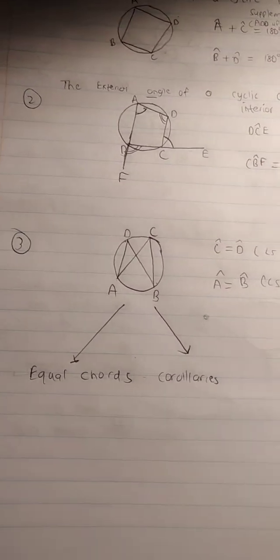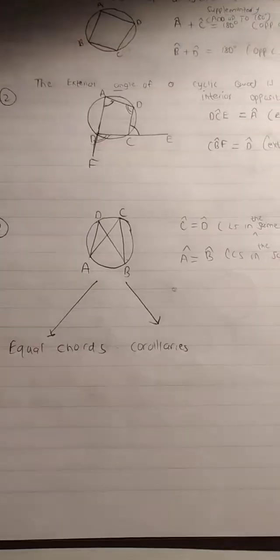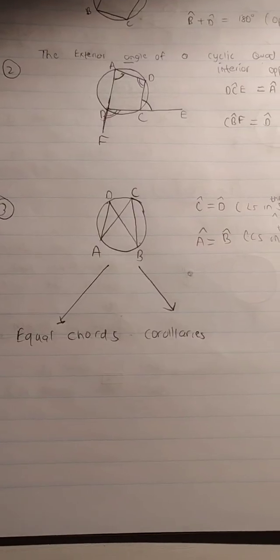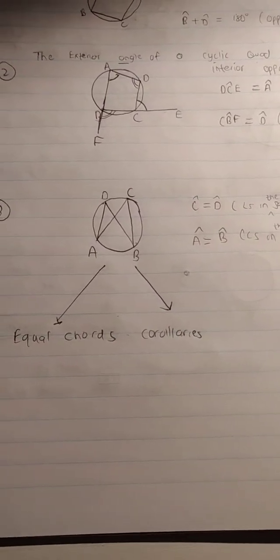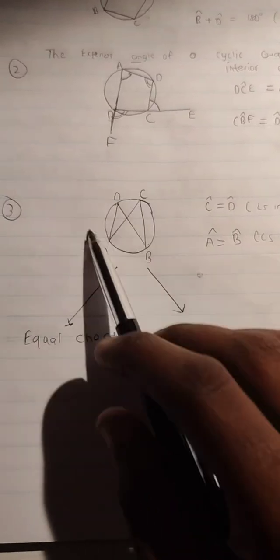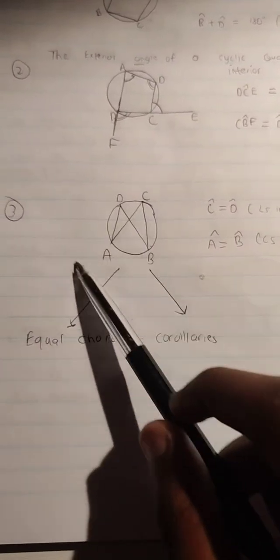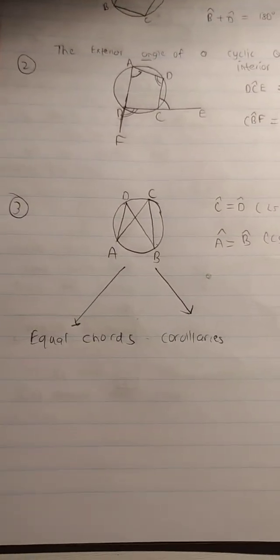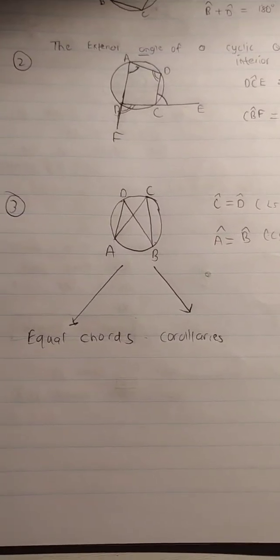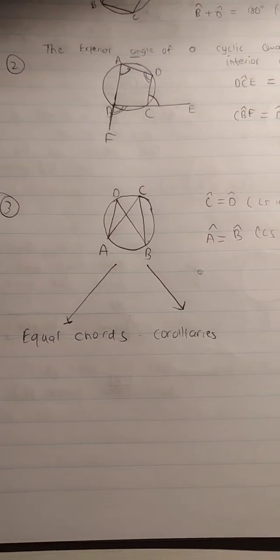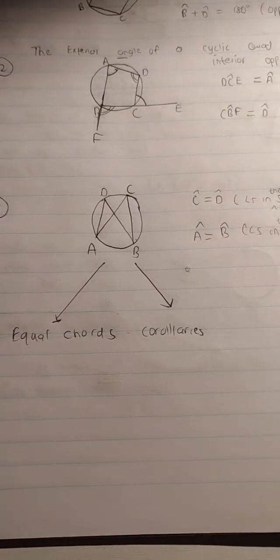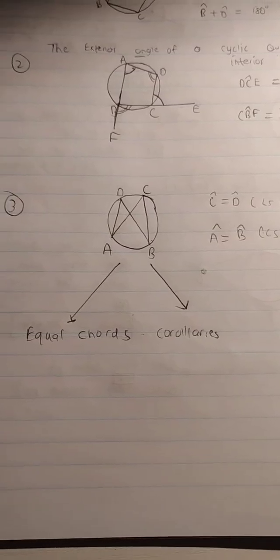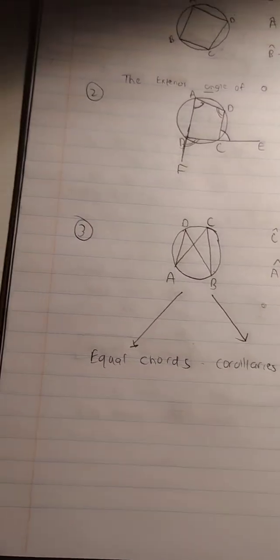What is the meaning of corollaries in maths? A corollary is simply a statement that follows directly from an already proven theorem or axiom, a proposition that follows directly from an already proven theorem or statement.